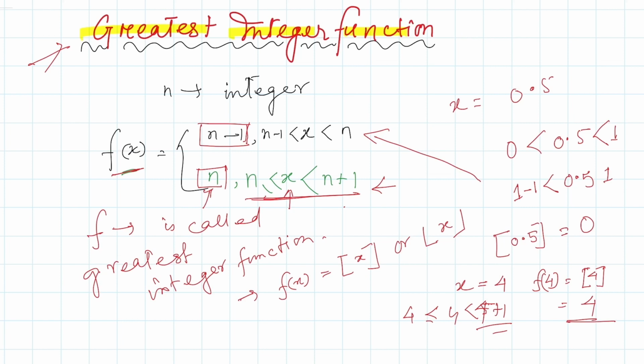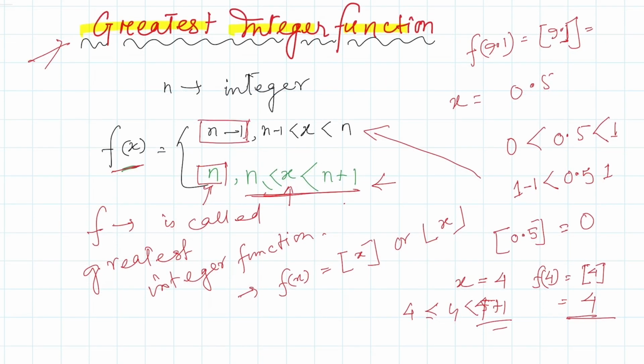So suppose we have to find f of 9.1. Then by the definition of the greatest integer function, what will be the value if x is equal to 9.1?